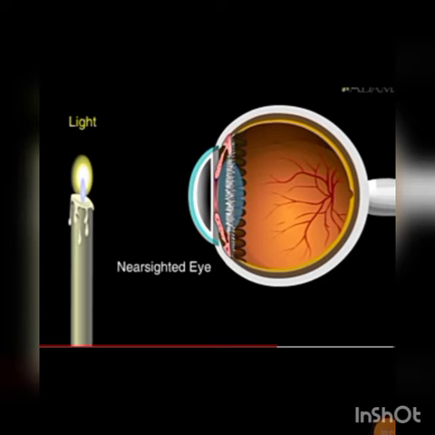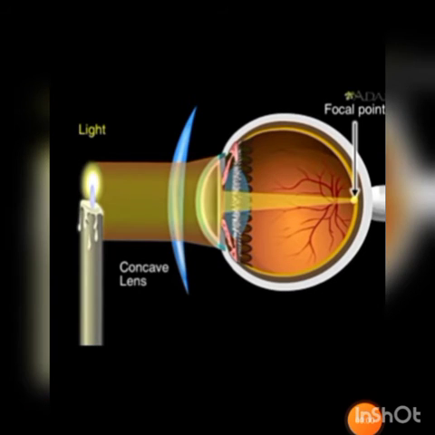Why are some people unable to see clearly? Normally, the eye can focus an image exactly on the retina. Eye defects occur when the focusing is not perfect. First one, near-sightedness or myopia. Near-sightedness is an eye defect.